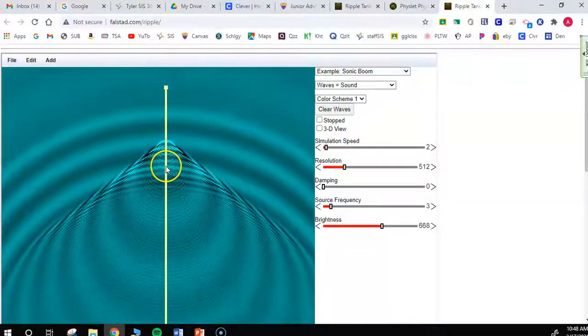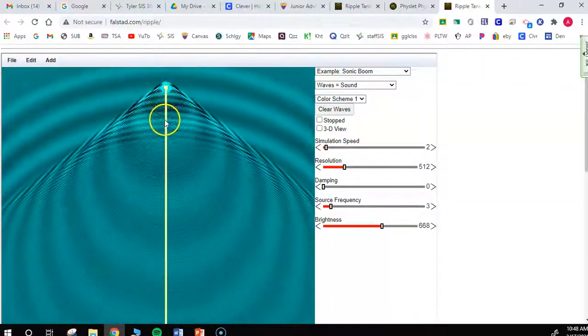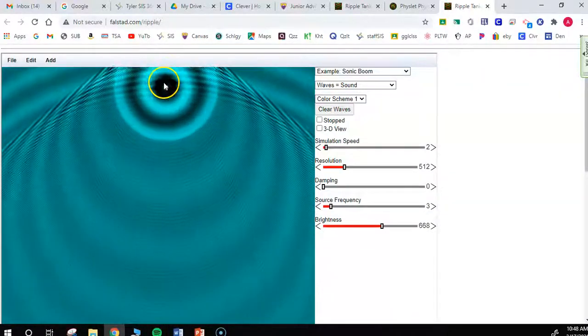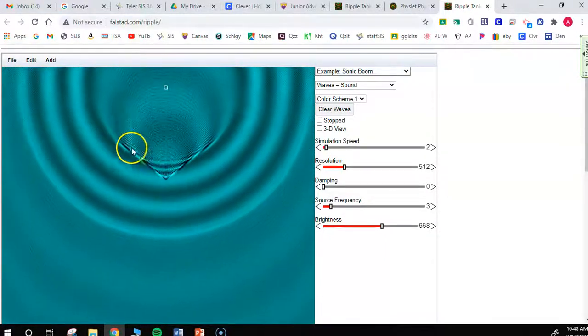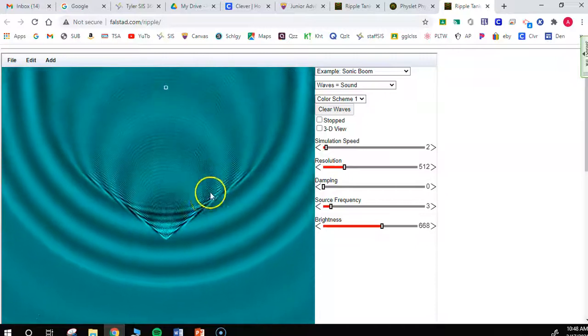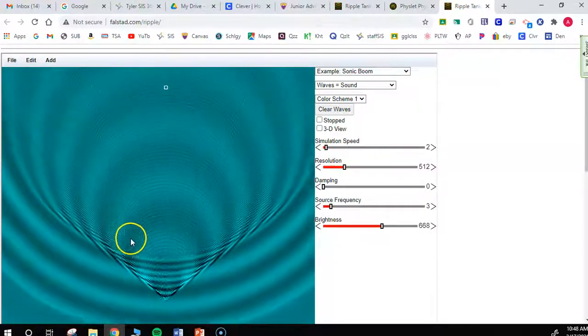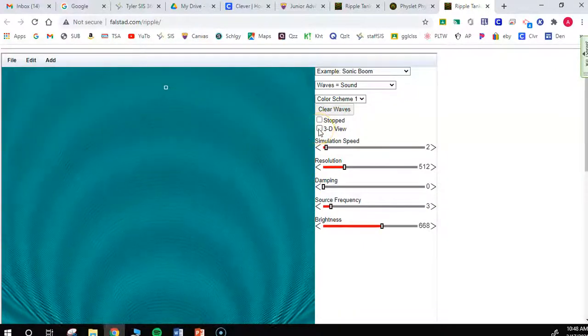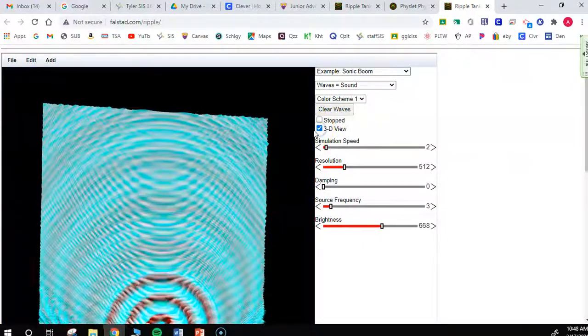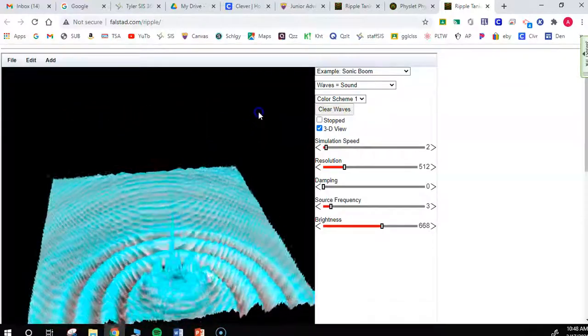It's breaking the quote unquote sound barrier, and it's leaving its shock wave out in this V-shaped conical region here. Okay, and this is more of a 3D view, but still not really a 3D view.